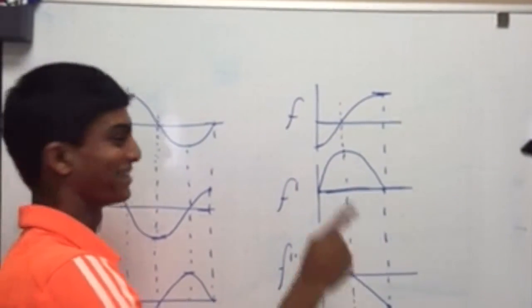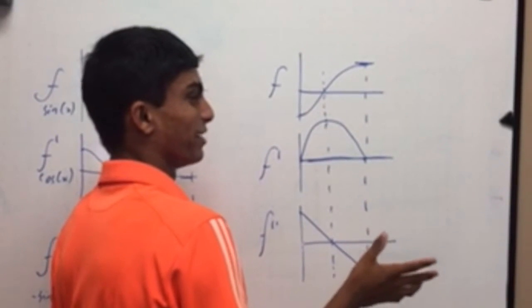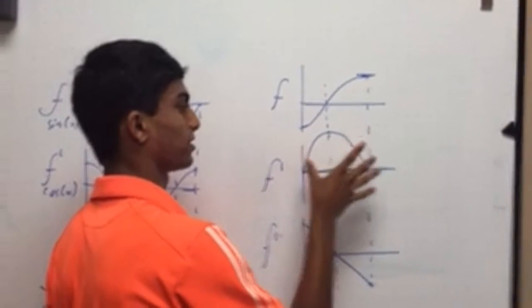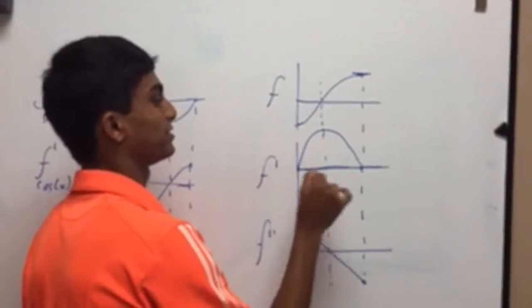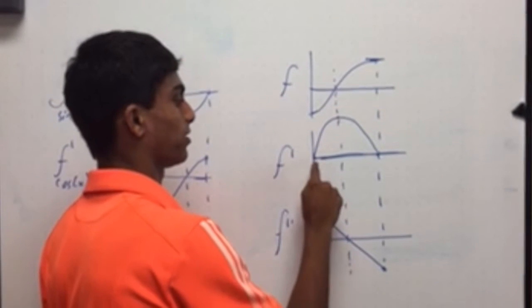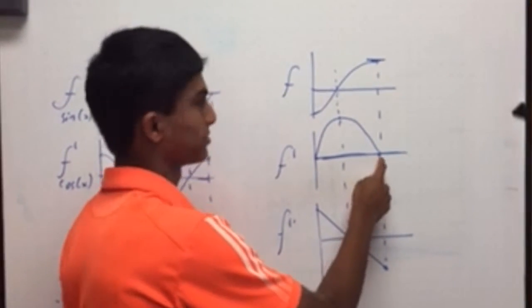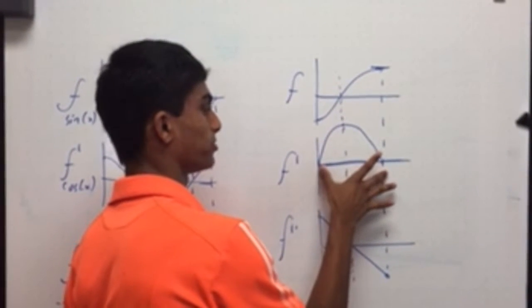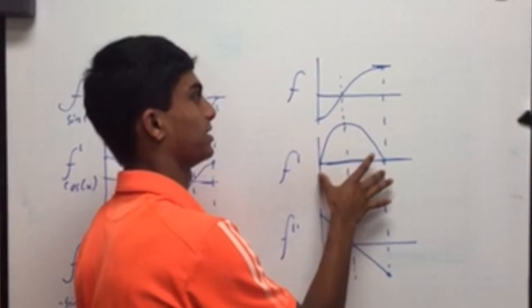And the relative extrema of a function can be noted by the critical points as noted by f prime. As you can see here, the critical points of this function are 0 and 0. This point here.